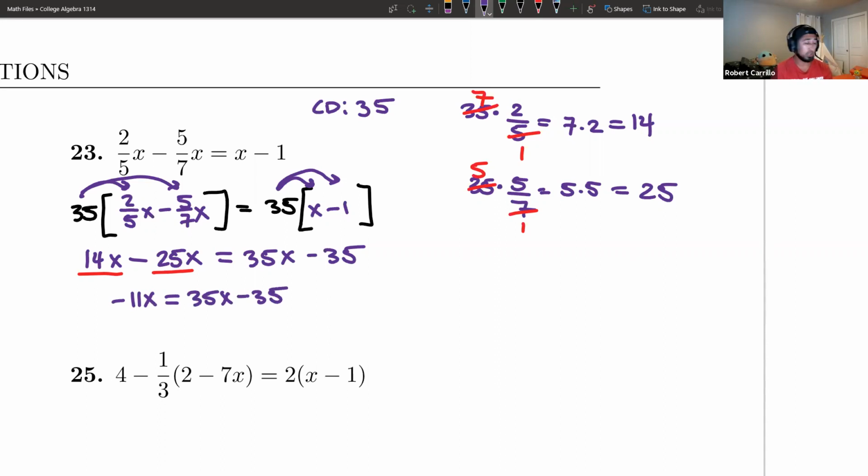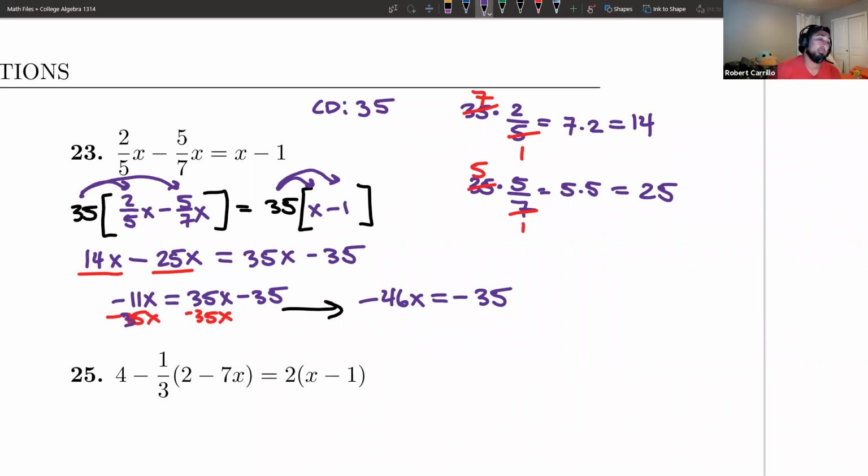And now we're solving for x. So I'm going to move this 35x to the left. So subtract 35x, subtract 35x. And I will move it over here. Boom. Okay. Negative 11 minus 35 is going to be negative 46x equal to negative 35.